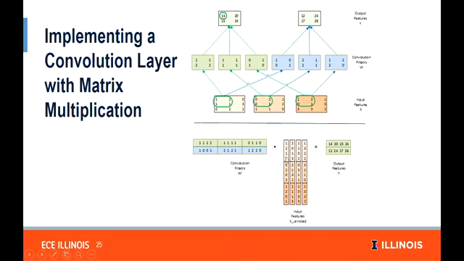And then the column is really just the collection of the three little sections that I collected from the input feature maps. Okay?